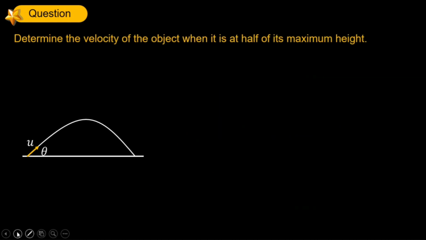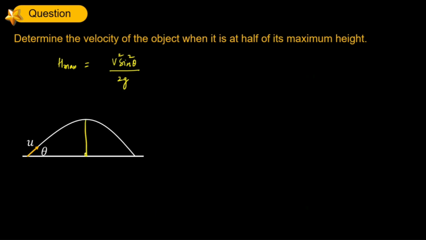Let's move ahead. The question says, determine the velocity of the object when it is at half of its maximum height. So what is the maximum height? It is u squared sine squared theta by 2g. This was the maximum height. So the question says, what is the velocity?